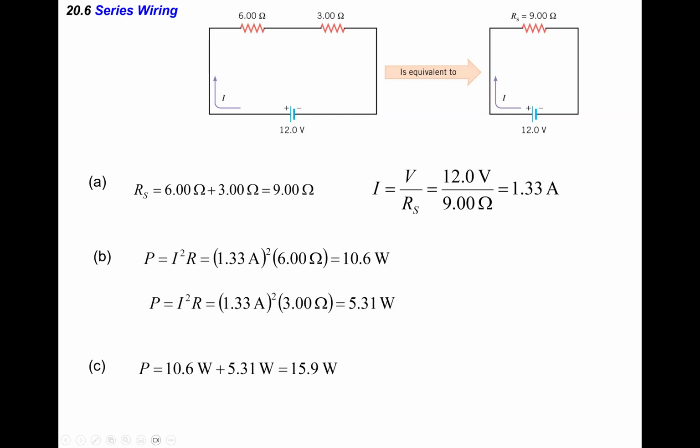The reason we use current is that the current is the same for these two resistors, and you can get your power together. For the circuit, it's this value plus this value. It's a very easy example, so I'm going to keep on going.